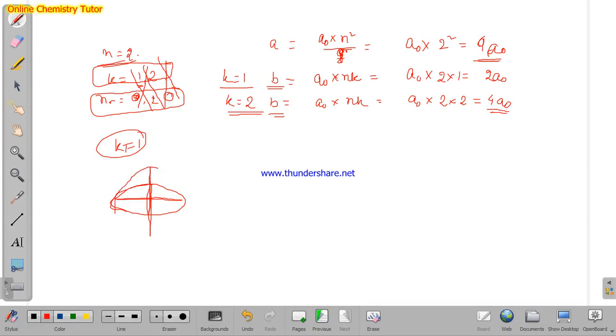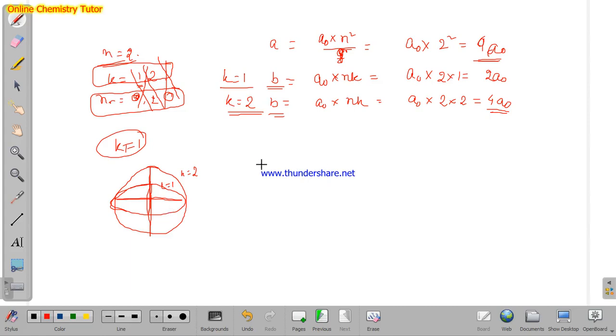Now the orbit is like that, and this is a circular orbit. So this is k equal to 1 and this is k equal to 2. Two different orbits are found, and the values are these.